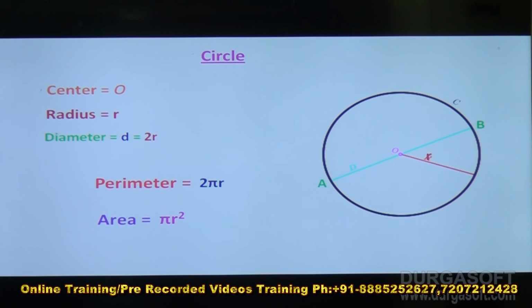And the perimeter of a circle is 2 pi r, and the area is pi r square, where pi value is 22 by 7.